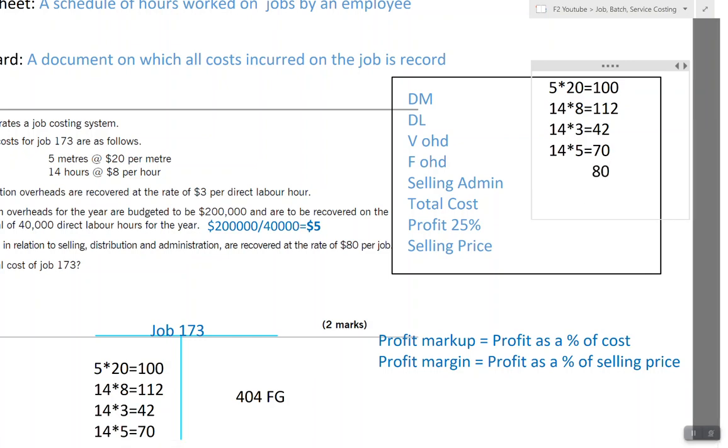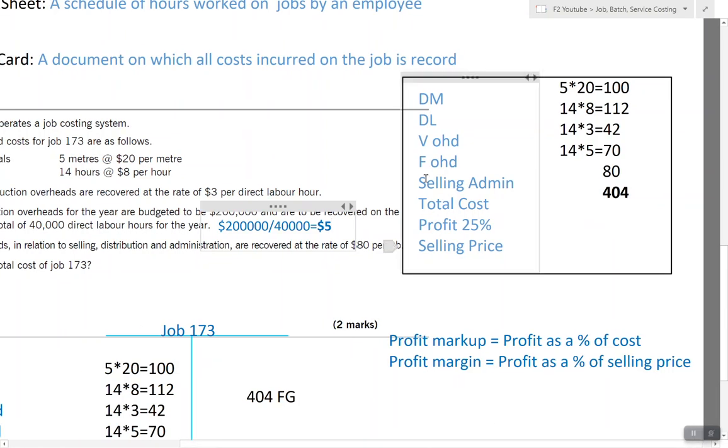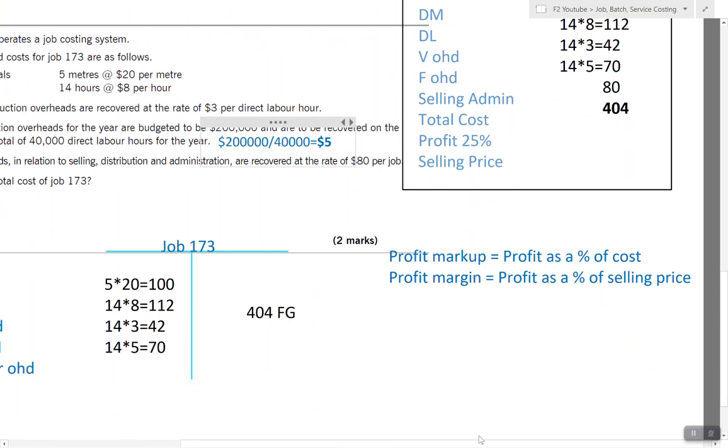So we have 404, the exact same result. So do it like this in the exam. You don't even have to make the format in fact in the exam. They ask for a specific answer and that's it.